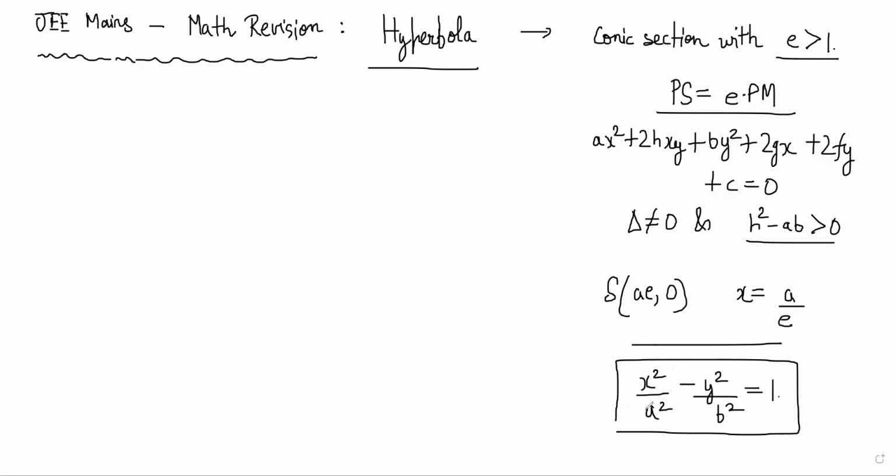This is your standard equation. Here you can get e square comes out to be 1 plus b square by a square. Now the graph looks like this.